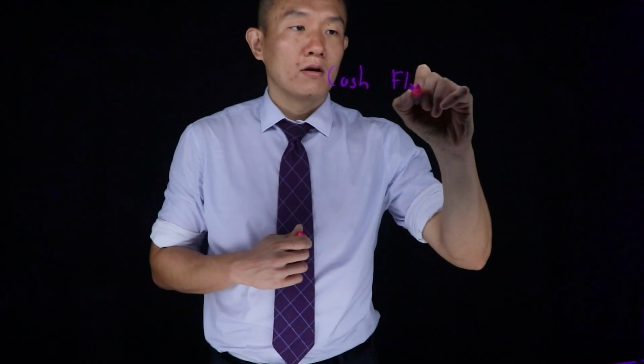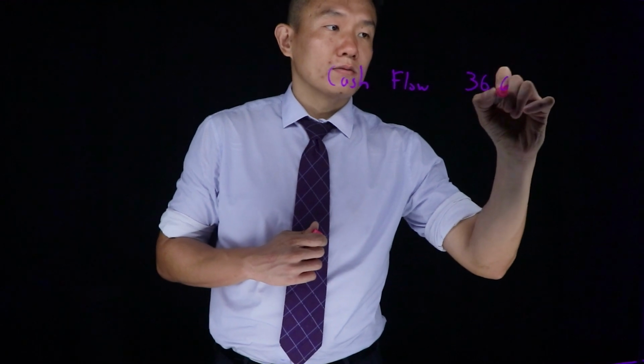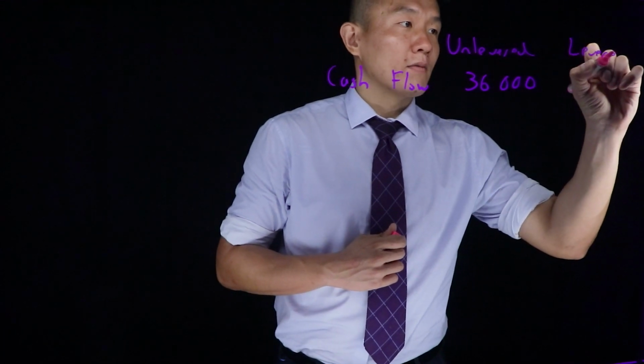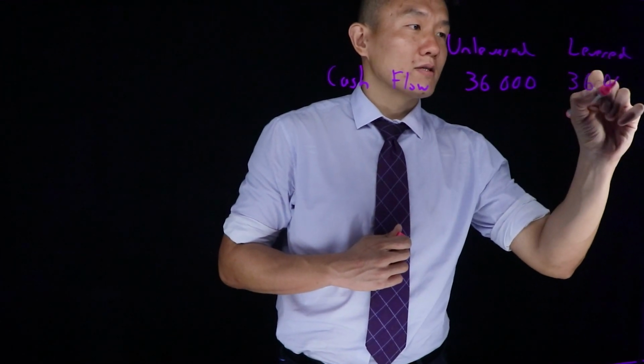Now let's think about how the capital structure will affect the payoffs to the firm's investors. So let's imagine that the firm had cash flows of 36,000. So both the unlevered and levered firm are going to have the same cash flow of 36,000.